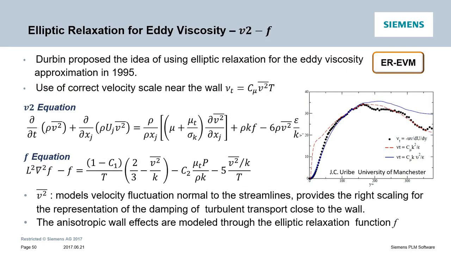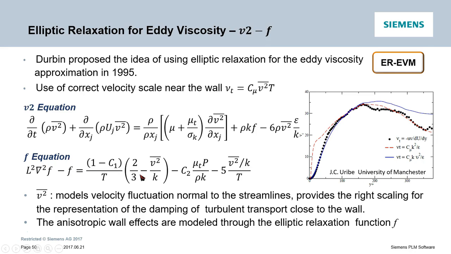So which is more commonly known as the V2F model. In this case, the system of equations for the Reynolds stress tensor is replaced by a transport equation for the velocity scalar or wall normal stresses and an elliptic equation for the relaxation function. So this function is similar to a redistribution term.